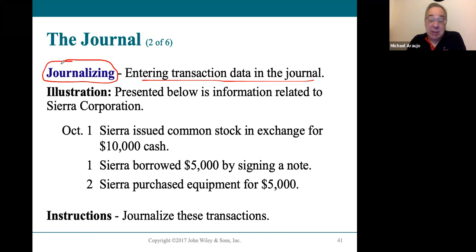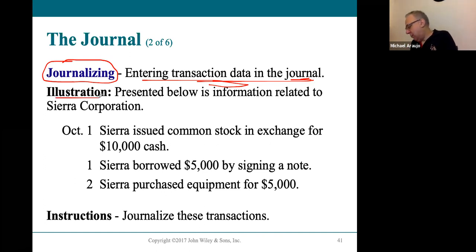This class is time-consuming. This is a time-consuming process because you have to do a lot of analyzing before you can write the stuff down. Before you write down any transaction data in the journal, you have to analyze the transaction, know what accounts are affected and what side the accounts are affected, and apply your debit and credit. Then you write it down. It's quite a bit. So let's take a look at how this plays out.